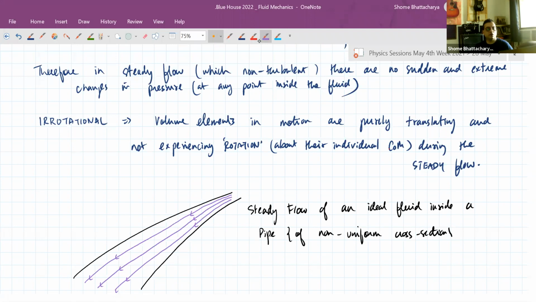Now if we consider any volume element of fluid as it is moving, at a time t, this volume element of volume dV or mass equal to rho into dV has a velocity v like this over here. Now after a bit of time it might reach somewhere here and its volume would have become V plus delta V.